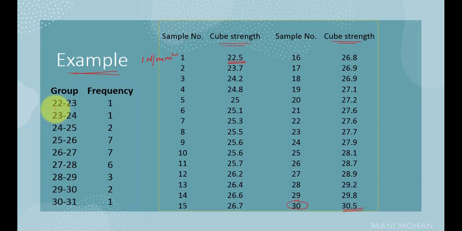The groups considered start from 22 till 31. So the groups are 22 to 23, 23 to 24, 24 to 25 and so on till 30 to 31. Now you can count how many test results are in the group of 22 to 23, 23 to 24, 24 to 25 and so on.